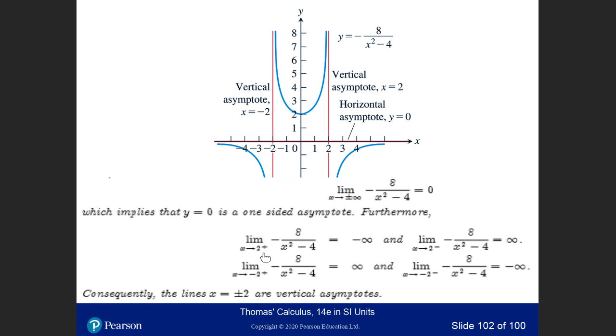Limit as x goes to 2 from the right-hand side is minus infinity, like here. Limit as x goes to minus 2 from the right-hand side, again plus infinity, as we have shown here.